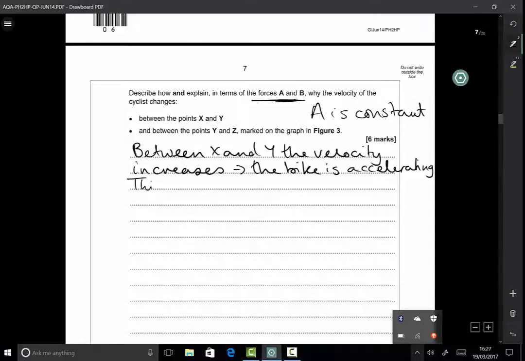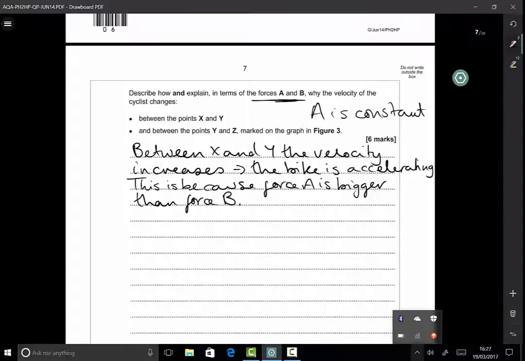This is because force A is bigger than force B. Now, we've already said that the acceleration was going to get less as it goes on. And the reason for that is because force B increases when the bike gets faster.